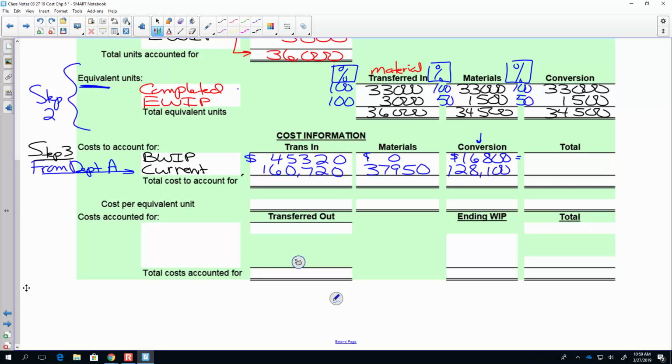Guys, what does conversion mean? The sum of what two? Direct labor and applied overhead. Very good. Now we just add them up. So go ahead, add these numbers up. Since it's a subtotal, I want a dollar sign on it. I hope I did my math right.